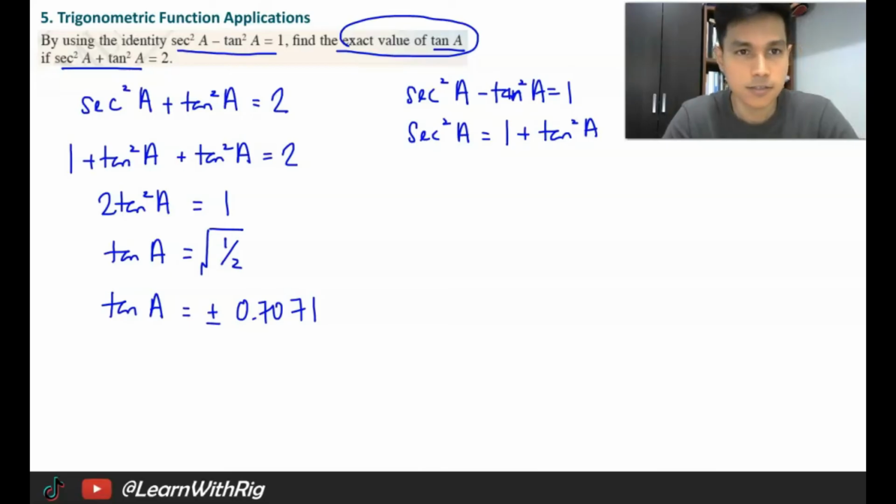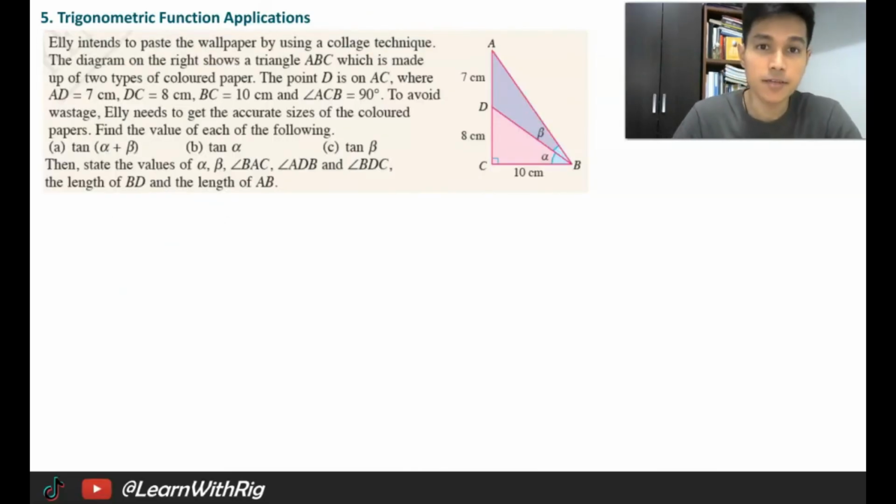Alright, next. Okay, this is the final question for this whole entire chapter. After we're done with this, then we are done with the chapter. So let us look at this question. Ellie intends to paste a wallpaper by using a collage technique. The diagram on the right shows a triangle ABC, which is made up of two types of colored paper. Point D is on AC.